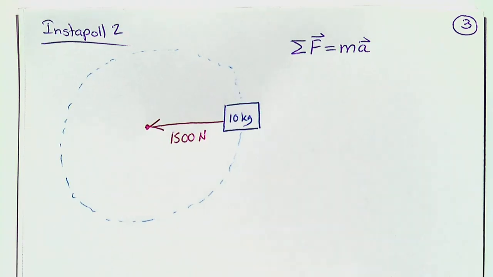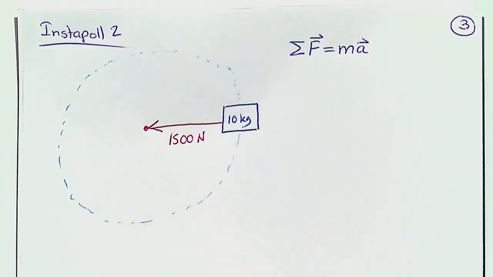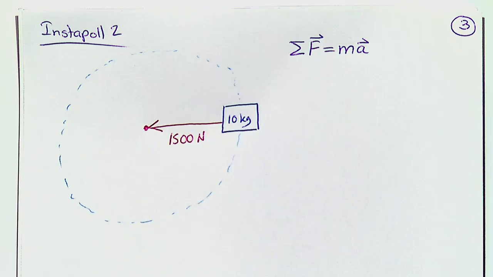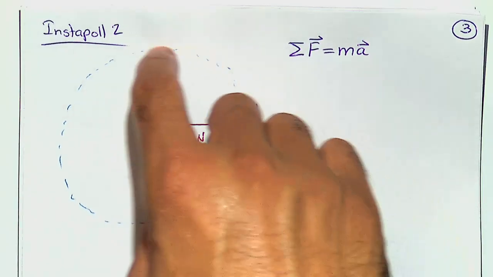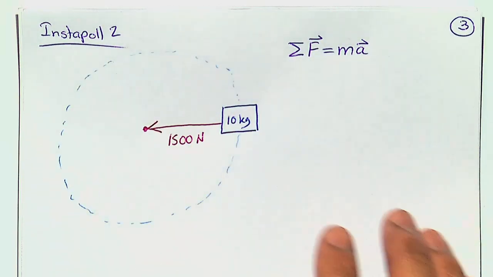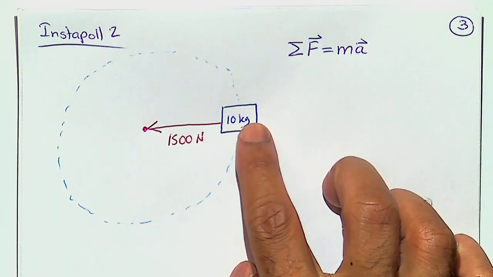F equals ma. When you're thinking about the free body diagram for the 10 kilogram object, what are the forces acting on it, right? For this, just imagine you're in deep space, right? You're not going to worry about gravity. If that makes you uncomfortable and you want to include gravity, you can also think about this on a table that has no friction, right?